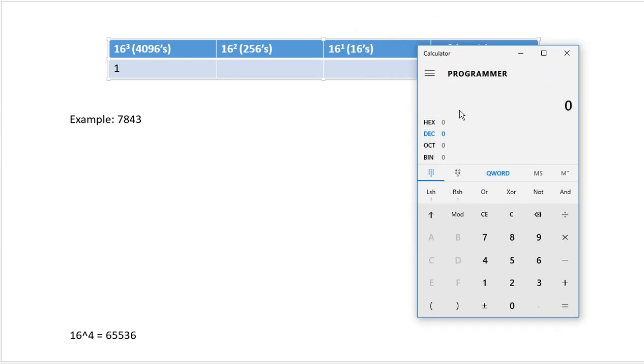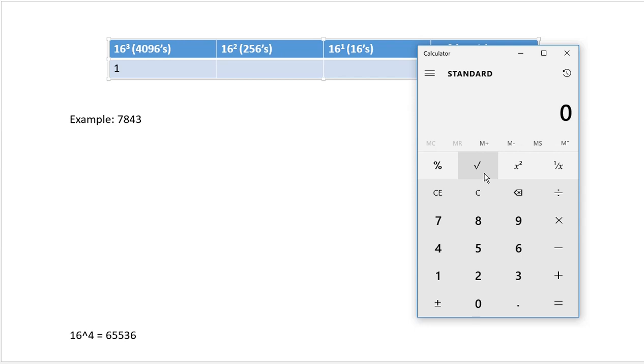If we go 7843 and then divide by 4096, oh, I'm in the programming mode, I need to change back to standard. So 7843 divided by 4096 comes to 1 point something. It's almost 2, but not quite, because 2 times 4096 would be 8192. But we just want to focus on this.